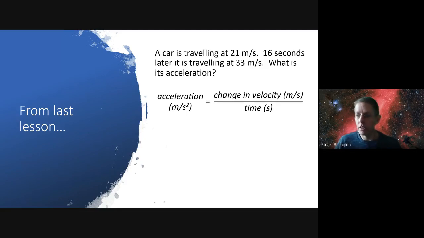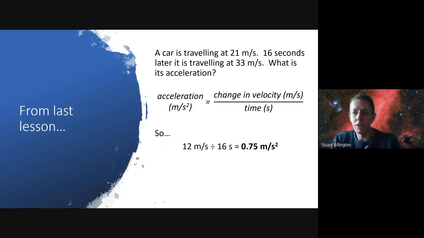We've got a change of speed of 12 meters per second because it went from 21 to 33. The time that took is 16 seconds. So on your calculator, you need to do 12 divided by 16, which gives you a numerical answer of 0.75. But then you need to remember to put the correct units on it.